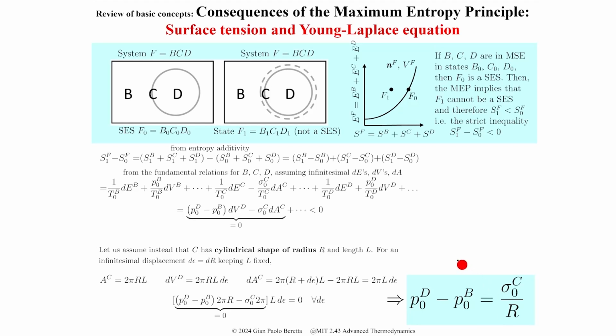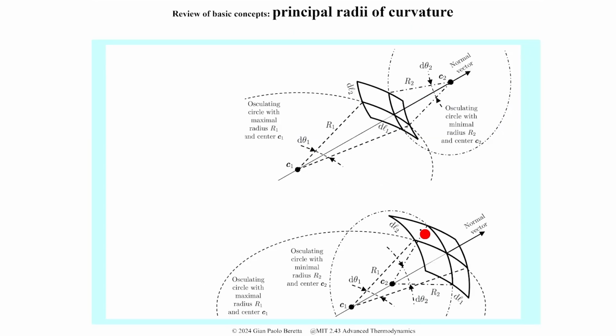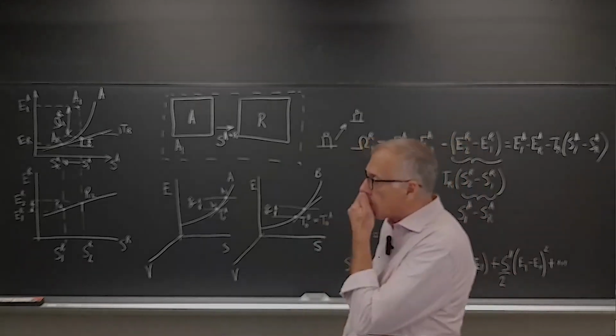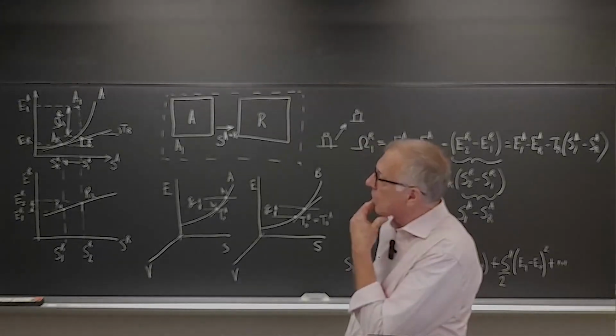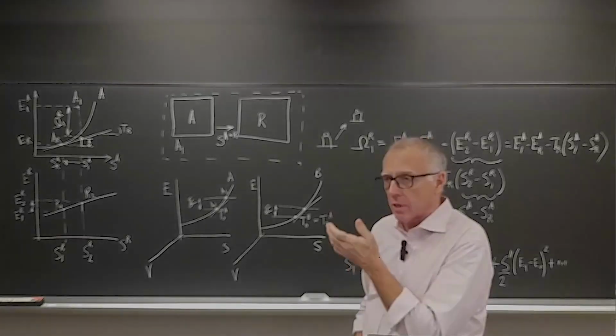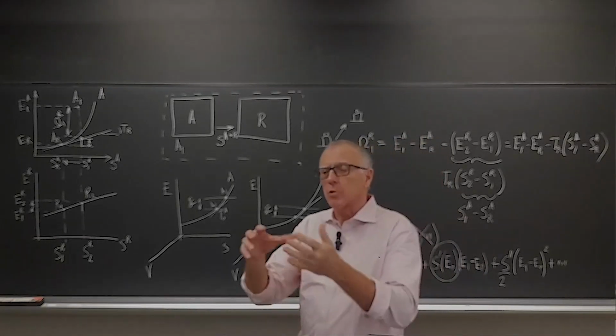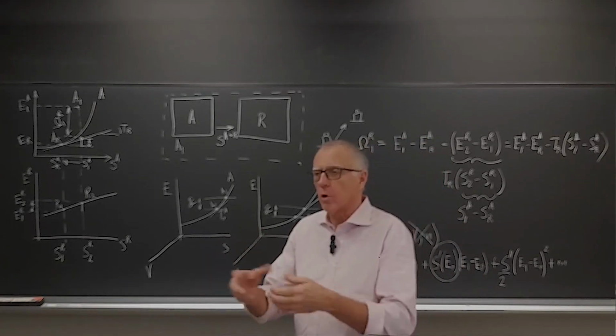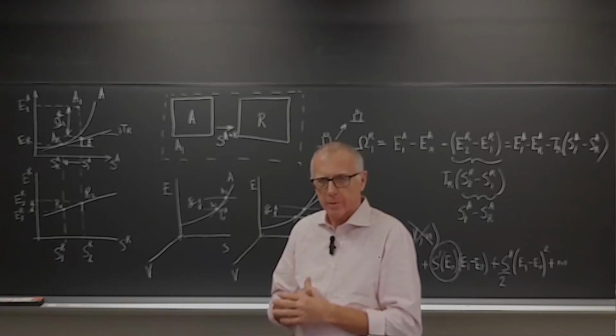Okay. But the true story is that we don't know this shape, so we shouldn't in principle assume that shape, because in principle, who tells us that the shape should be spherical or cylindrical?